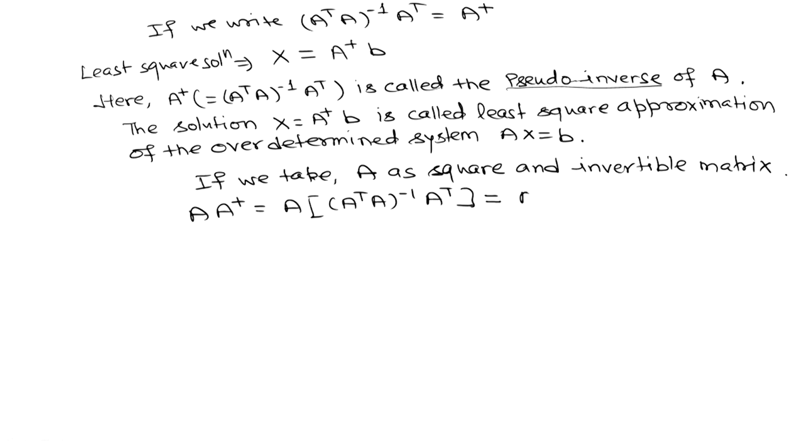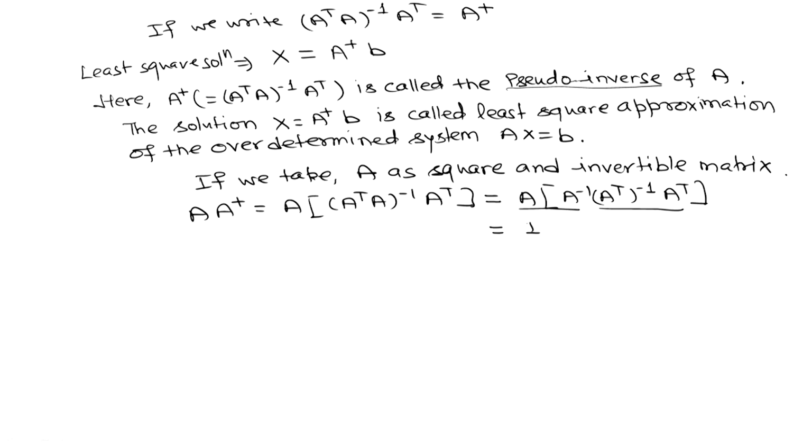So this becomes A into A inverse into A transpose inverse into A transpose. This will be I, this will be I, because A is square and invertible, so A transpose will be invertible.